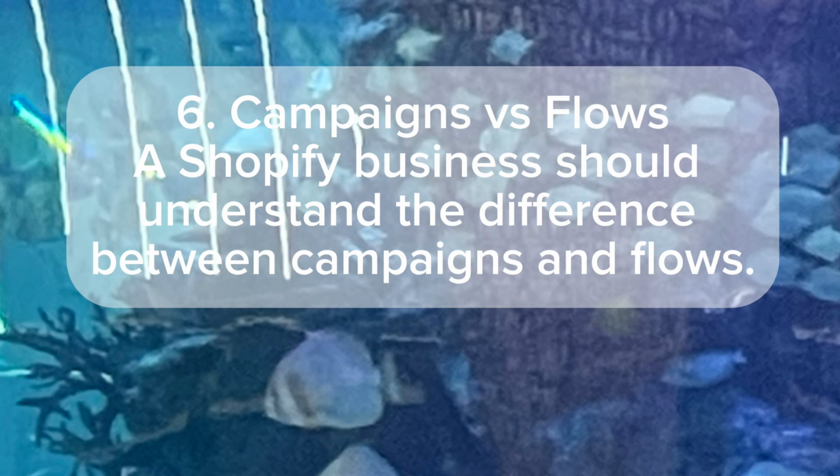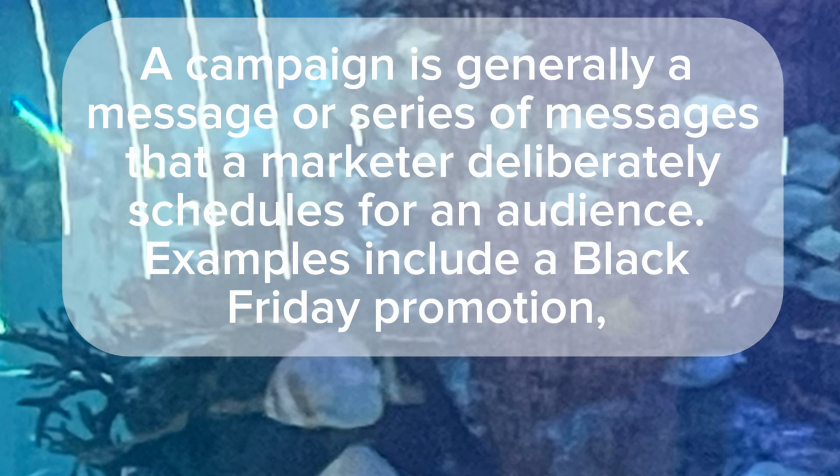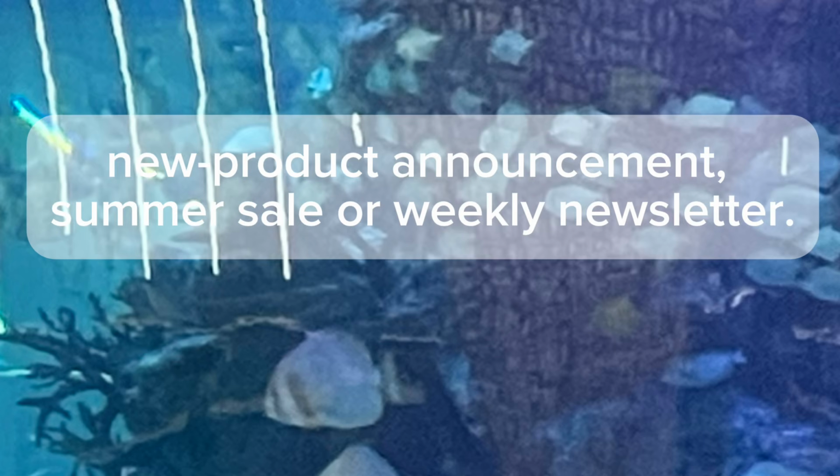6. Campaigns versus flows. A Shopify business should understand the difference between campaigns and flows. A campaign is generally a message or series of messages that a marketer deliberately schedules for an audience. Examples include a Black Friday promotion, new product announcement, summer sale, or weekly newsletter.